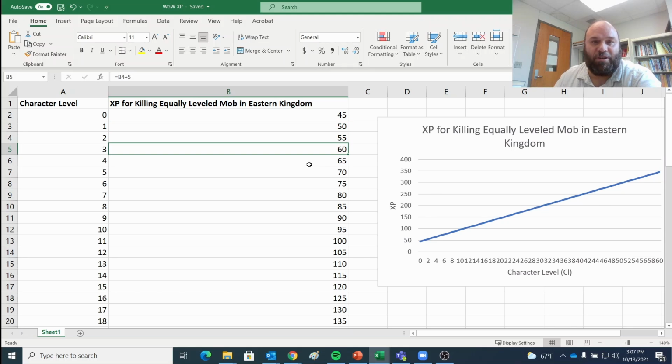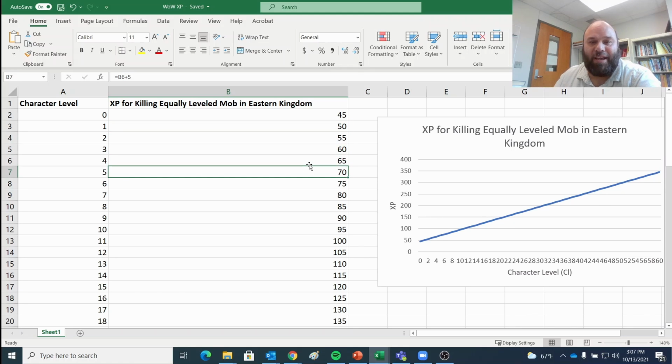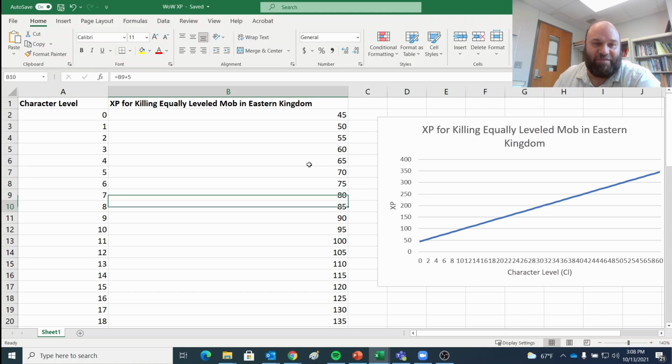Once, twice, 3 times, 4 times, 5 times, 6 times. So we started at 45 and added 5 6 times. Well, adding 5 6 times, that's the same as adding 30, right? Adding 5 plus 5 plus 5 plus 5 plus 5 plus 5 is 30. That's the definition of multiplication as repeated addition. So right there, you can see 45 plus the character level times 5.